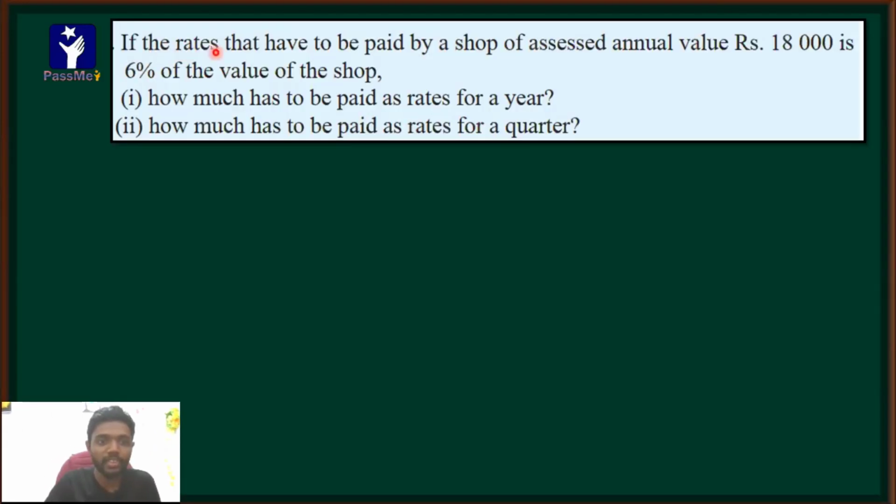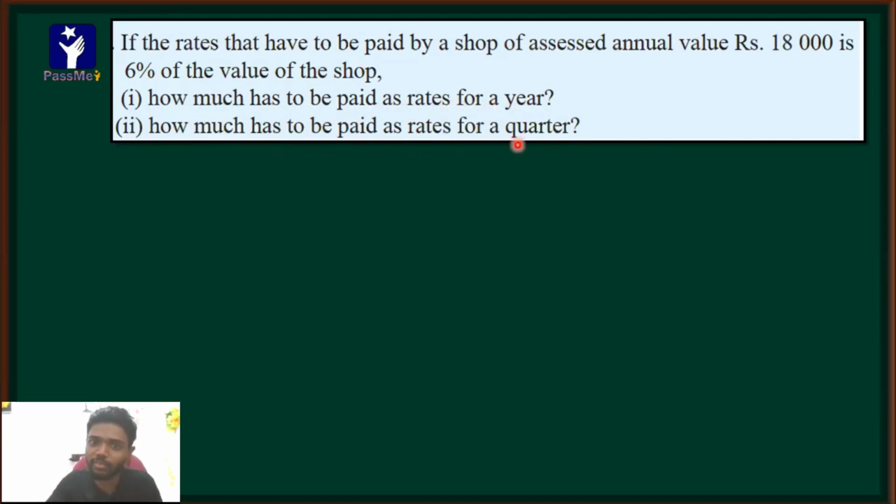Right. If the rates, okay, that word is very important, rates that have to be paid by a shop of the assessed annual value rupees 18,000 is 6% of the value of the shop. Part 1 asks how much has to be paid as rates for a year.